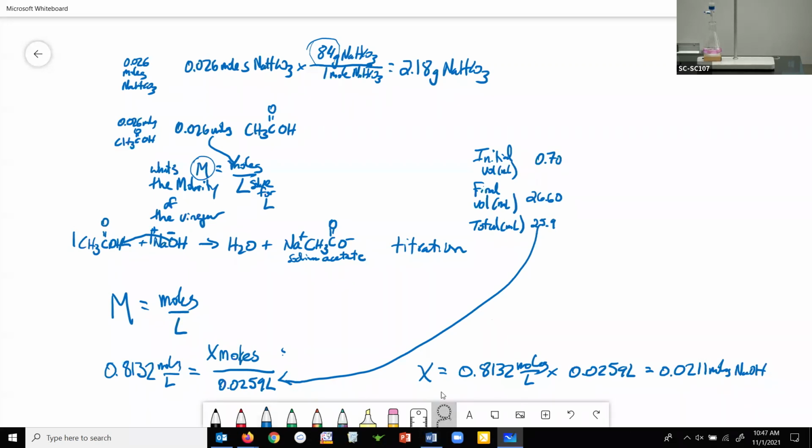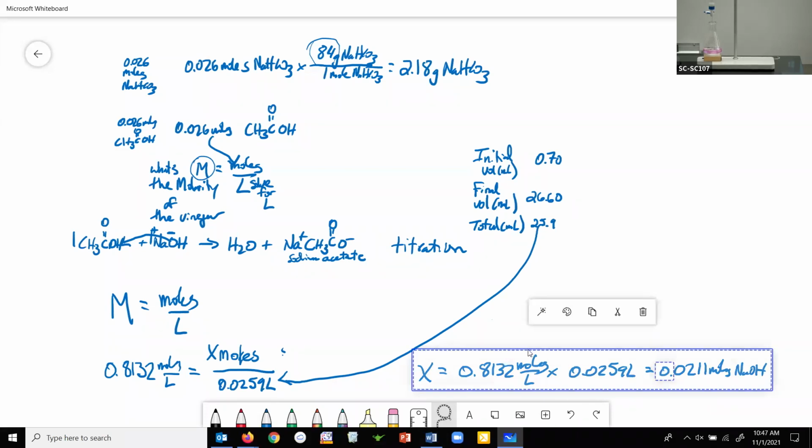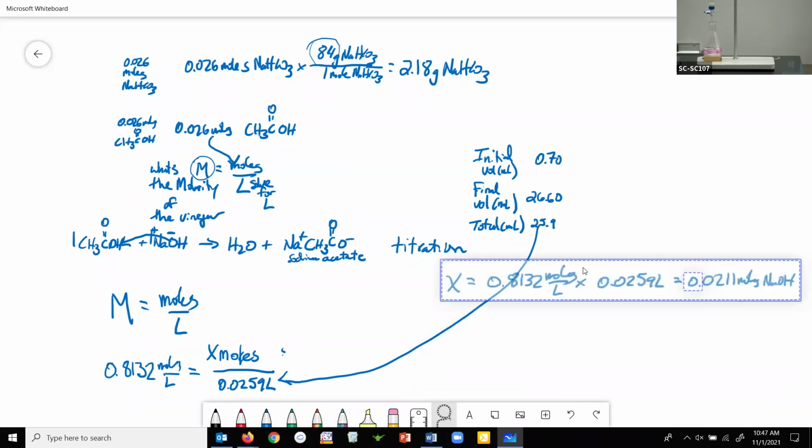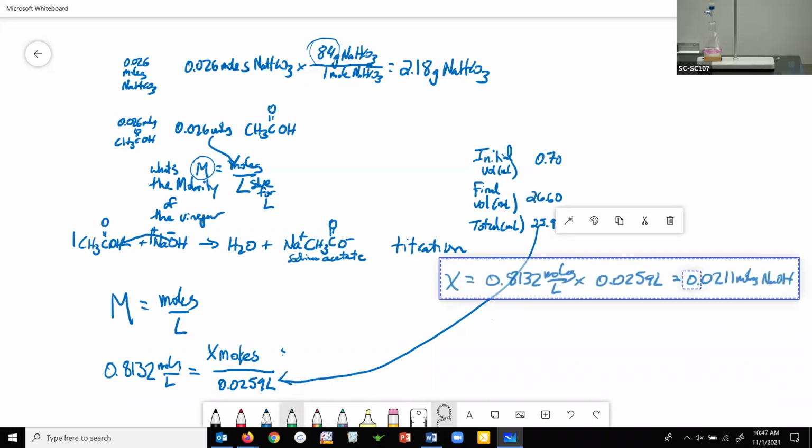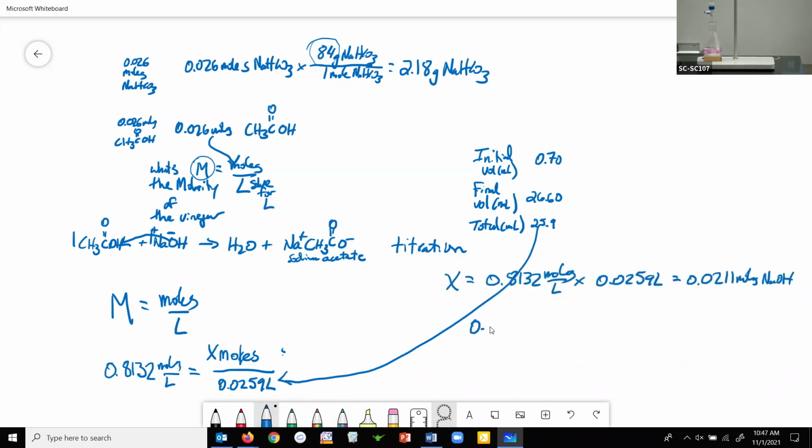Let's scoot this up just a little bit. If I have 0.0211 moles of sodium hydroxide, every one vinegar must have used up one sodium hydroxide.